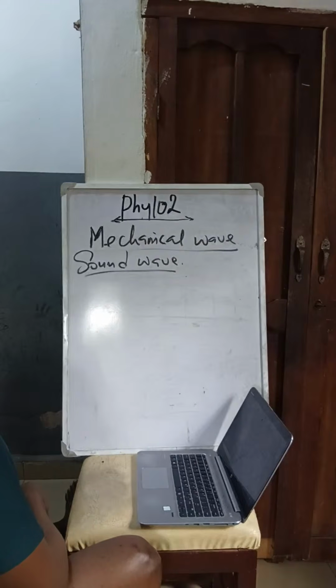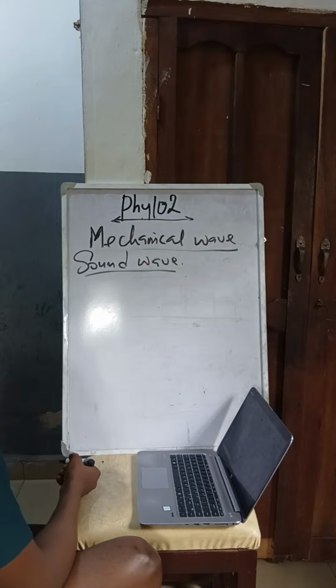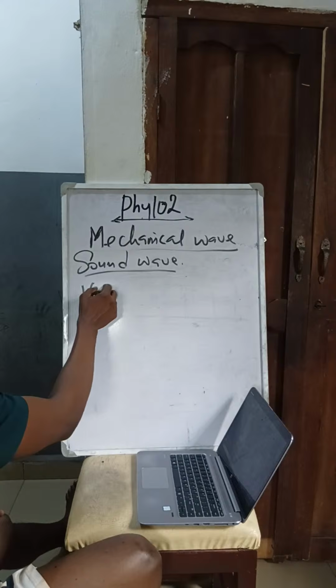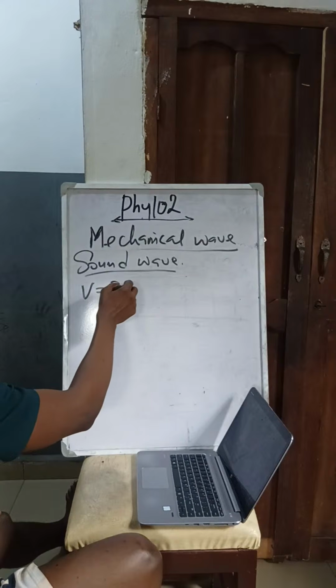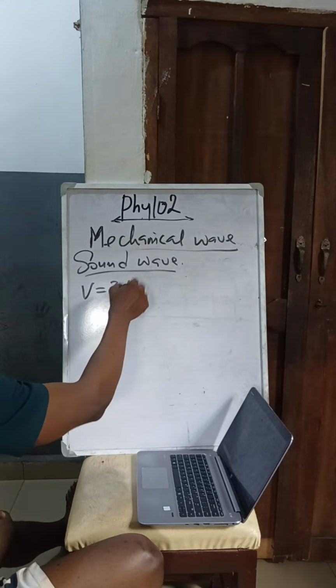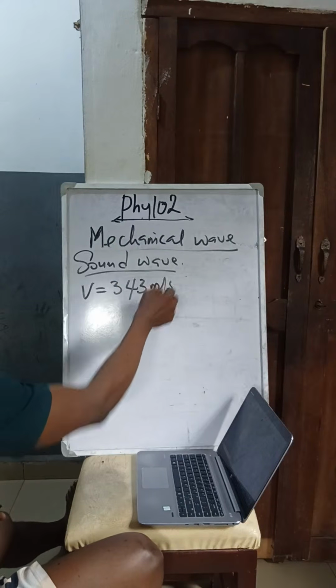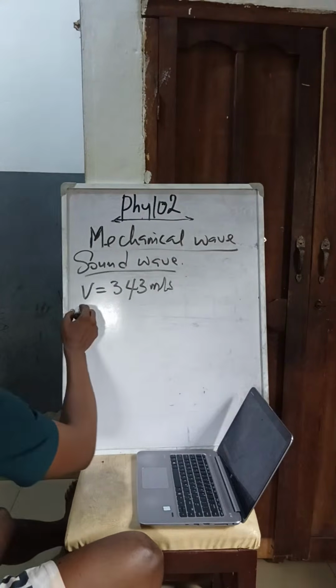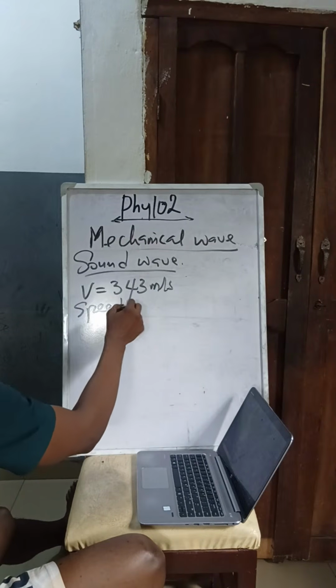The speed of sound in air at room temperature is approximately 343 meters per second.